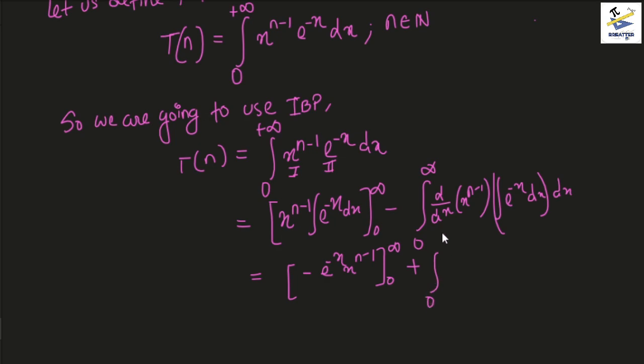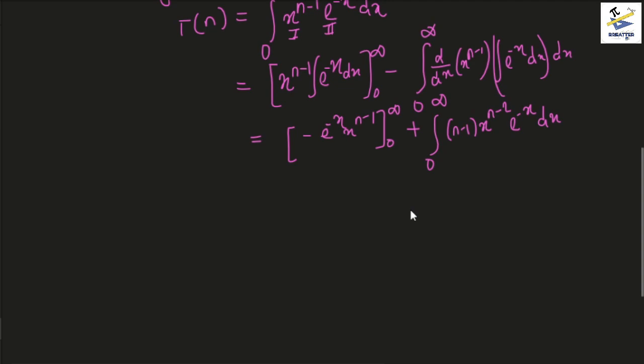So it becomes the integral from 0 to infinity. The derivative of x to the power n minus 1 is just n minus 1 into x to the power n minus 2, and it is e to the power minus x dx, right? Now we need to understand what this limit stands for. So let us do it here.